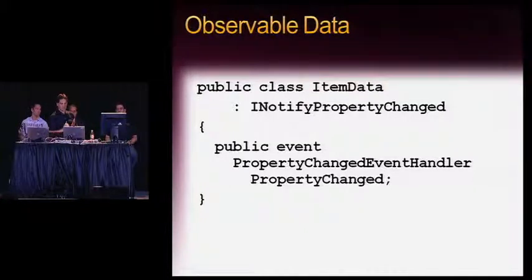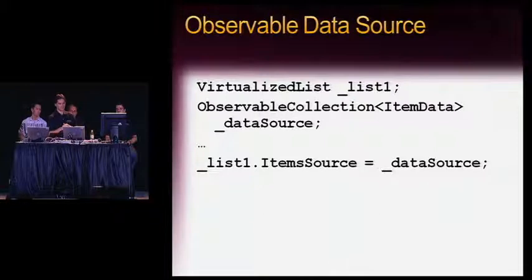So they all implement the INotifyPropertyChanged interface so that we can take advantage of data binding. Also, all our collections are observable. So we use the observable collection, which, as I will show later, we can take advantage of virtualization and the built-in support for observing it.